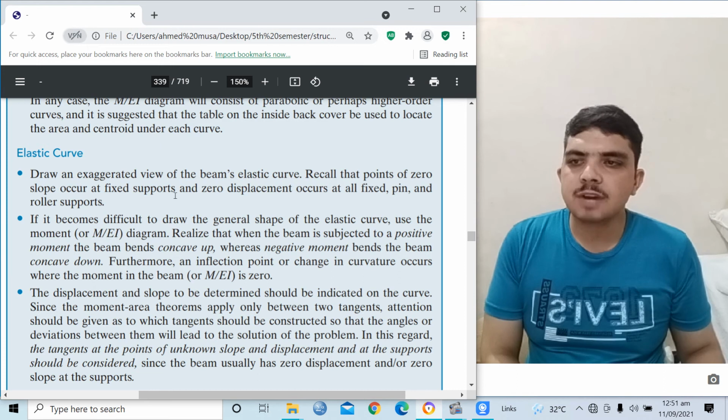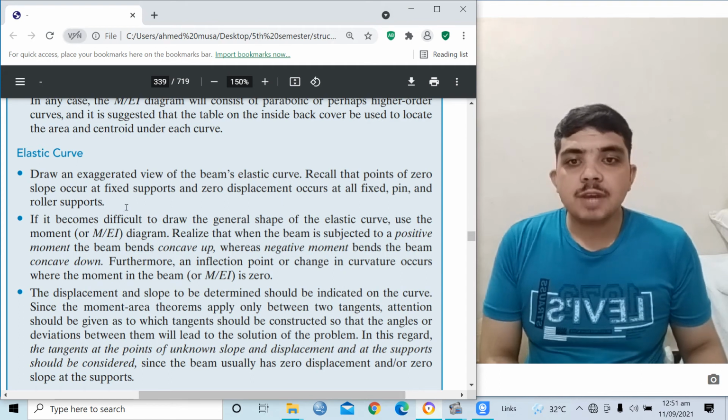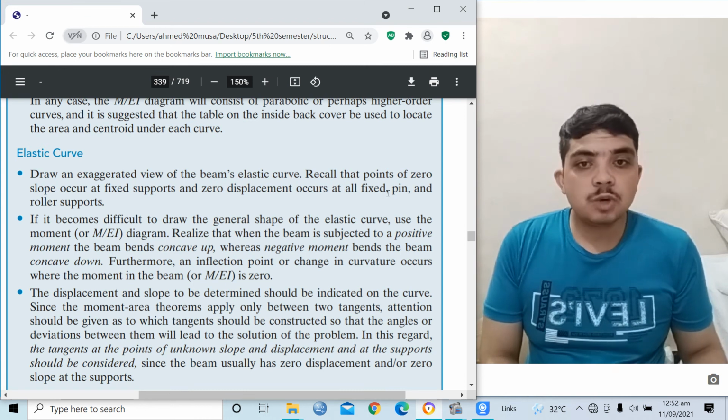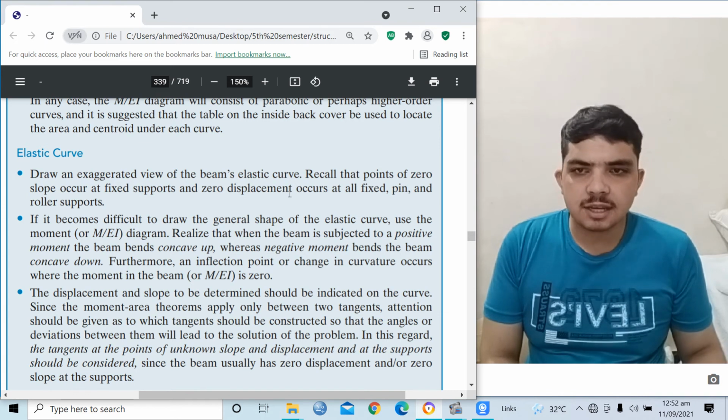Recall that zero slope occurs at a fixed support, and zero displacement occurs at fixed support, pin and roller support. We also know that at a fixed support the displacement and the slope will be zero. At a pin support or roller support, the slope will occur at this point.